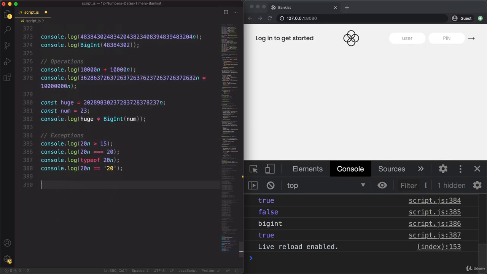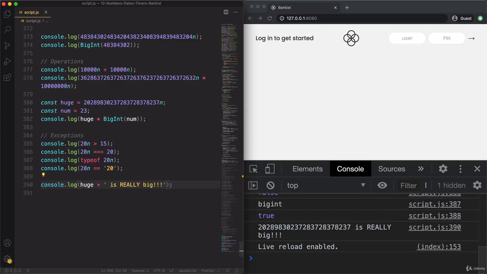So comparison operators are one exception, and the other exception is when we do string concatenations. So let's say huge plus, and then some string here: really big. And so you see, in this case, the number is actually converted to a string, even the BigInt number.